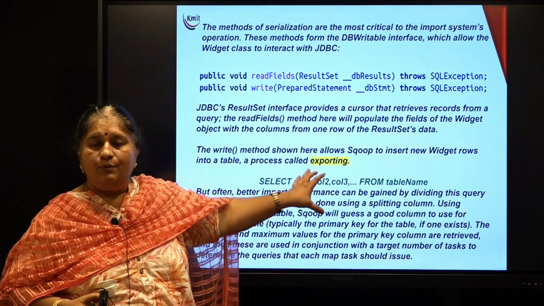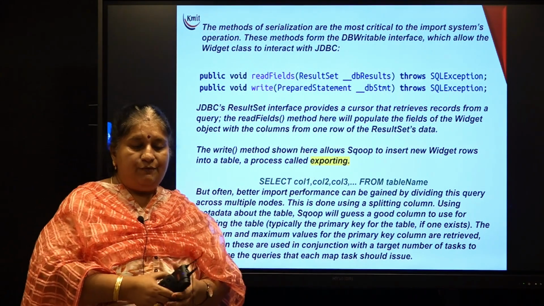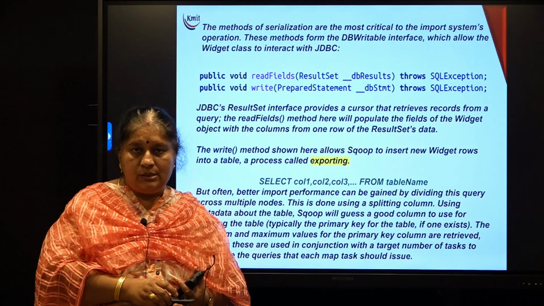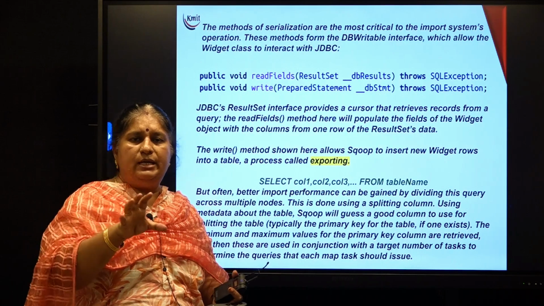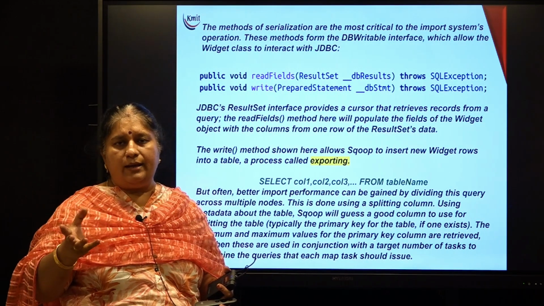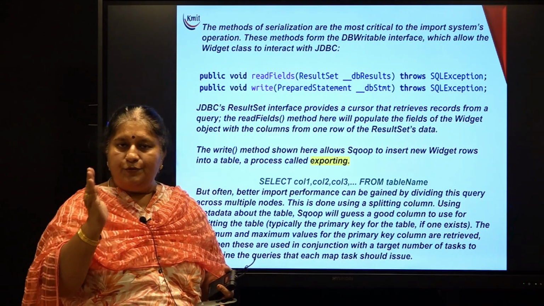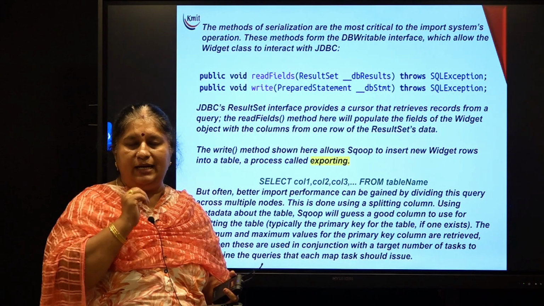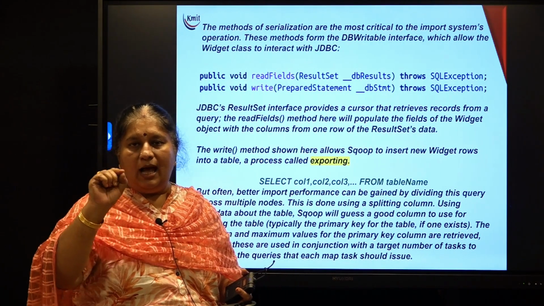In our example, what is the key value? The widget ID is the key value. So say for example, I have 1 lakh rows, first 20,000 maybe into one mapper, second 20,000 records into another mapper, likewise. So if I have 1 lakh records, maybe I need 5 mappers, right? So if you come back to the import statement, I was specifying -m 1.